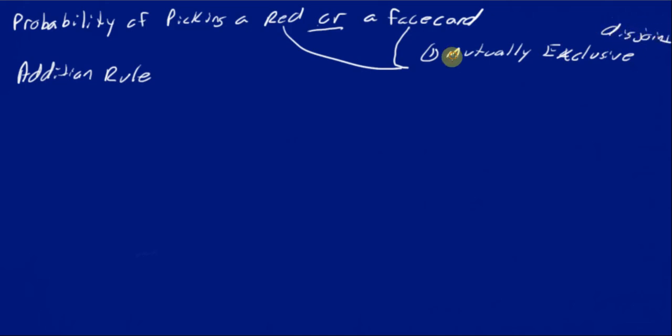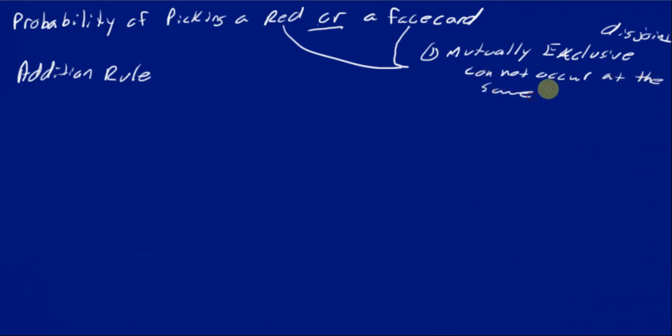And all it means is that these cannot occur at the same time. Or the second option is going to be that they are not mutually exclusive, which obviously then means that they can occur at the same time.